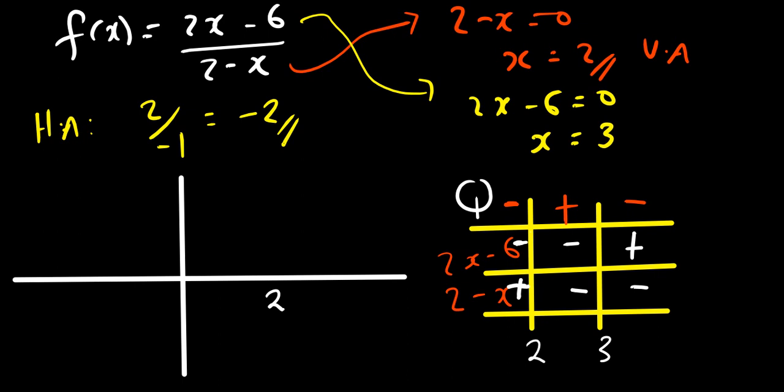Then for our horizontal asymptote, we found that it was -2. Let's put -2 here. If we draw our horizontal asymptote, it will just be that.